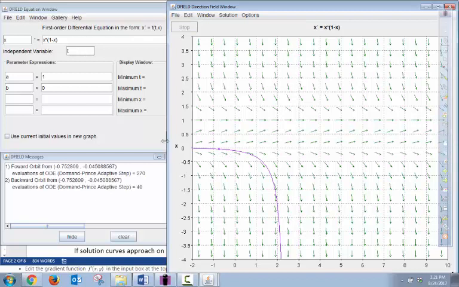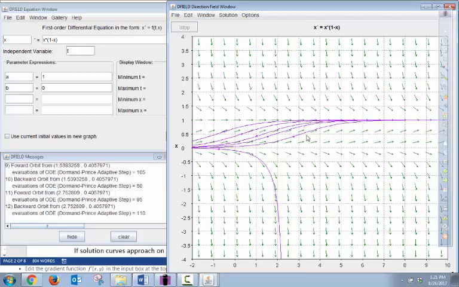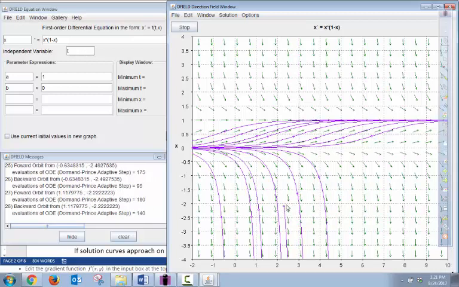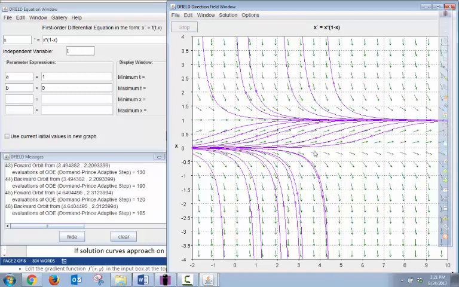Oh, I didn't want to put any graphs yet. Well, let me just put a whole bunch of graphs here. It looks like it was increasing, so I was right. So it looks like this is the setup. If you're between 0 and 1 on the dependent axis, you're going to be increasing with an asymptote at 0 and an asymptote at 1.